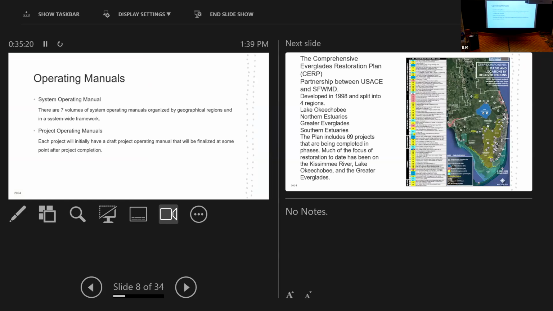They have 7 volumes that make up the whole system. And then each of the projects that I'll be talking about, they have their own operating manual too. So it's all these operating manuals. It's what triggers these pump stations to come on, when they're supposed to come on, all this other system of how the system works, how this huge conveyance system works.